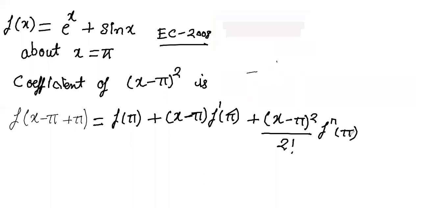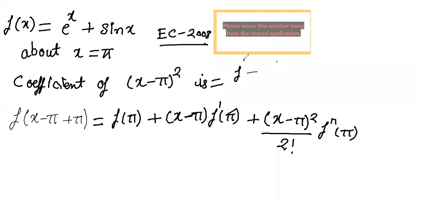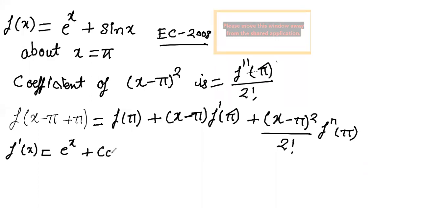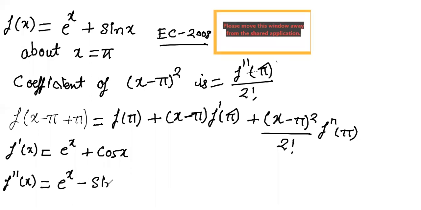So the coefficient of x minus 5 square is f double dash 5 upon 2 factorial. Okay. So f dash x is e to the power x plus cos x, and f double dash x is e to the power x minus sin x.